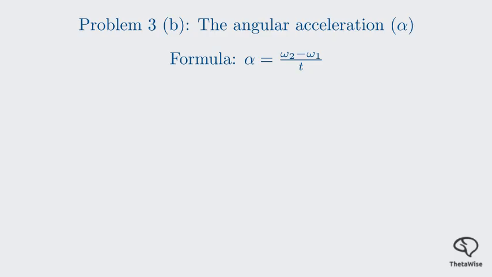The time t is given as 5 seconds. Plugging in the values, we get alpha equals 32 minus 0 divided by 5. This simplifies to 32 divided by 5, which gives us an angular acceleration of 6.4 radians per second squared. The memo confirms that alpha is 6.4 rad/s squared, so our calculation is correct.